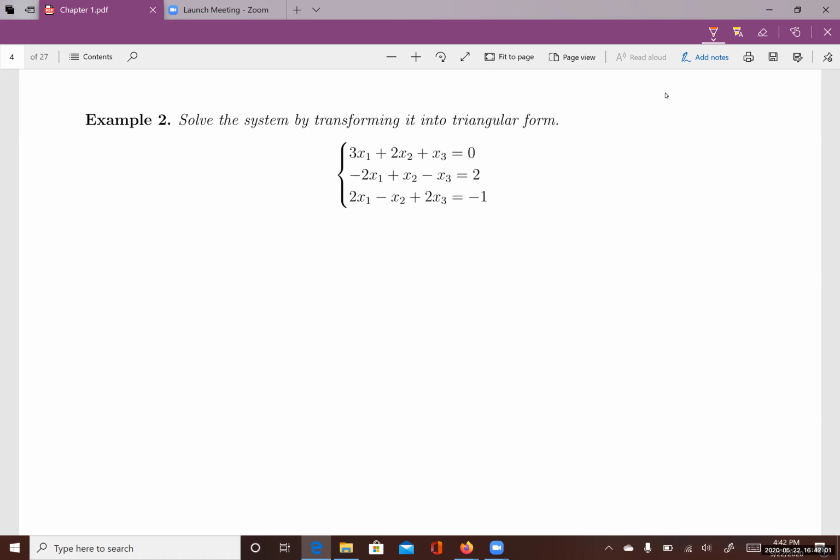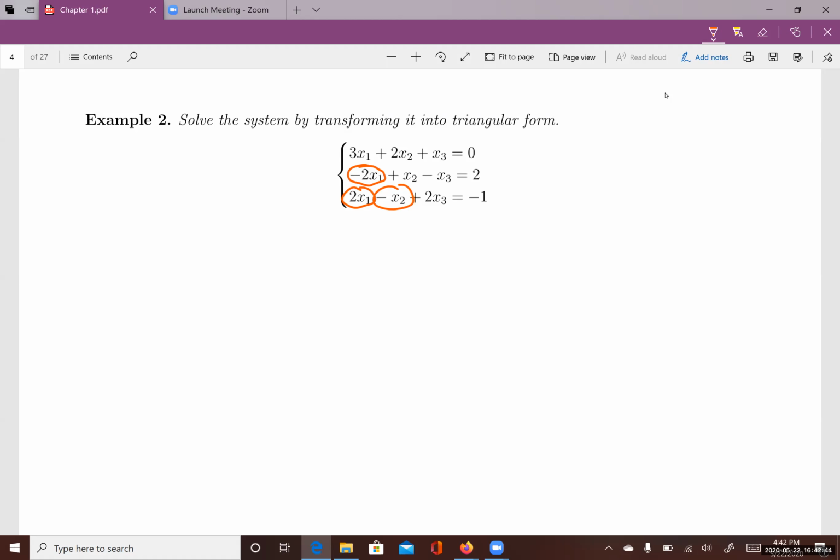For strict triangular form, first you look at the first equation. The coefficient of the first variable is non-zero, so you can just keep the first equation as is. In the second equation, the coefficient of the first variable has to be 0. And in the third equation, these coefficients have to be 0, in order to fit the system into a strict triangular form.